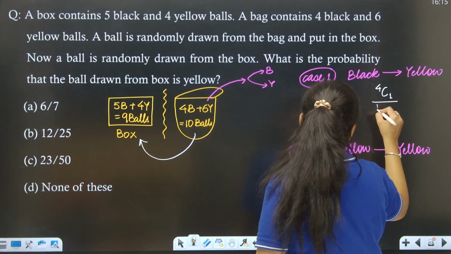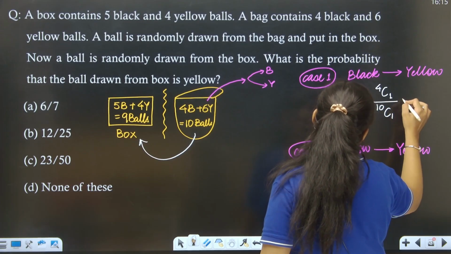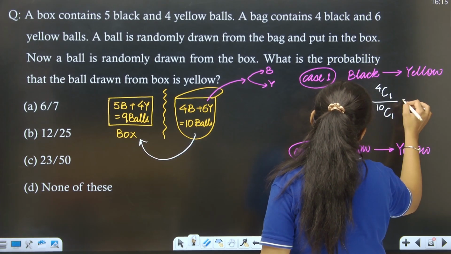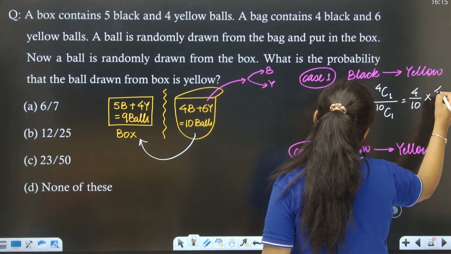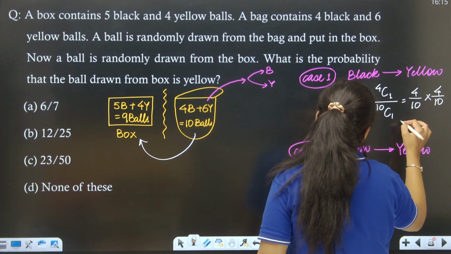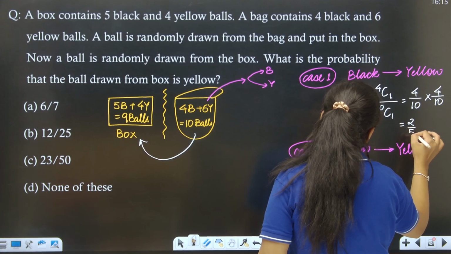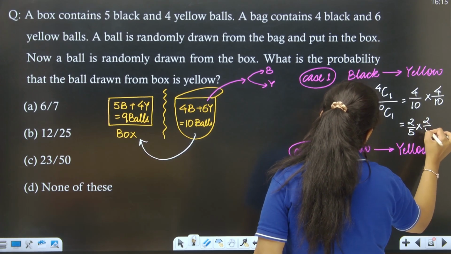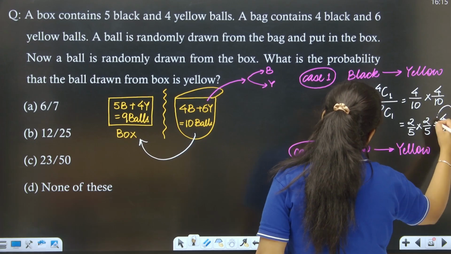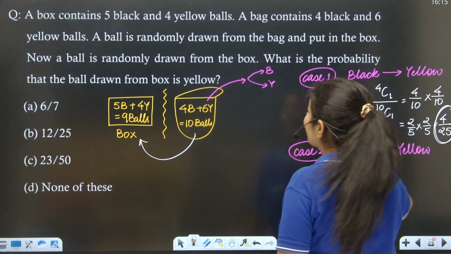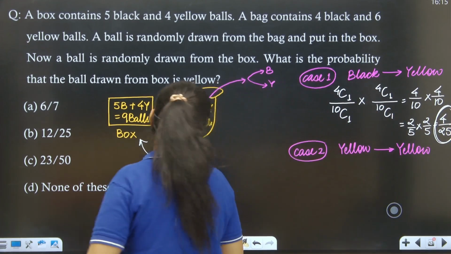So basically we need to multiply: 4 by 10 multiplied by 4 by 10. So basically 2 by 5 multiplied by 2 by 5, and here we get 4 by 25. The probability of case 1 is 4 by 25.